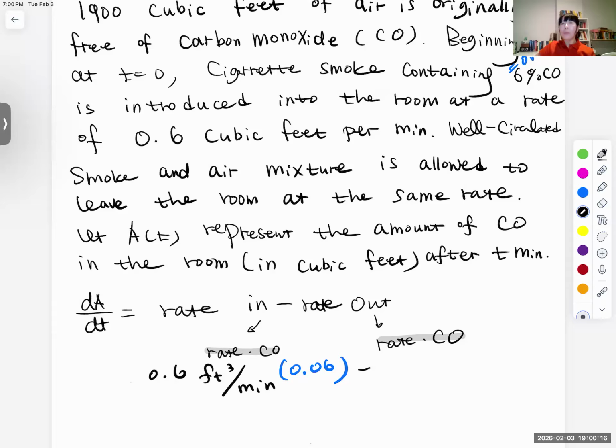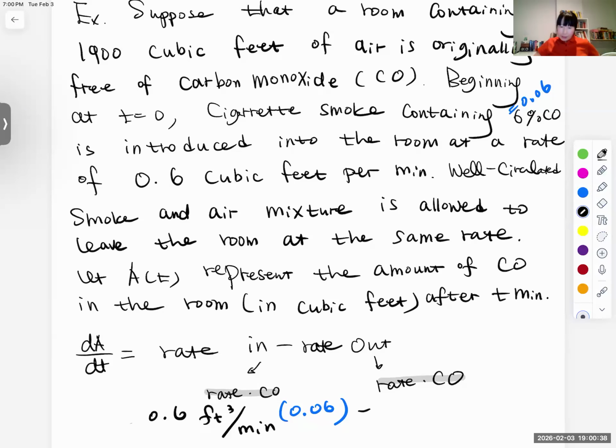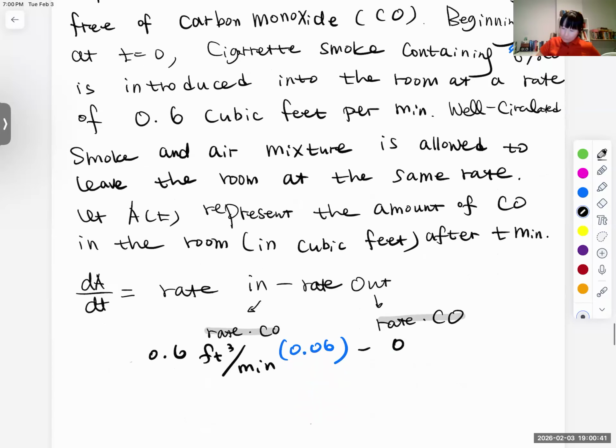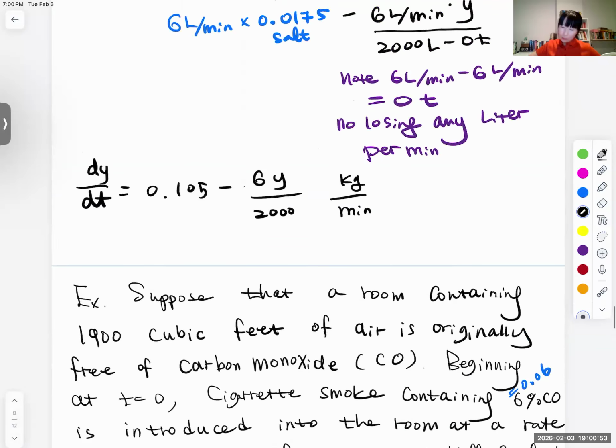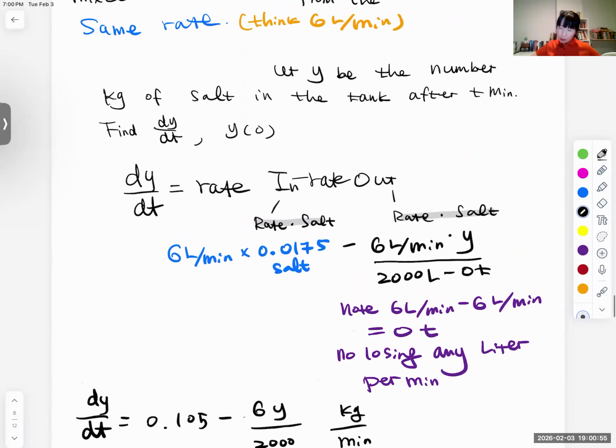We have a negative. Think about the earlier salt tank problem, right? What was it? Enter will be 0.6. And then we don't know how much, the drain, right?